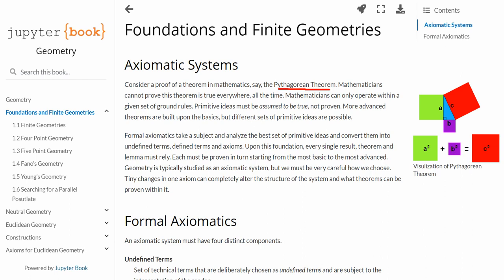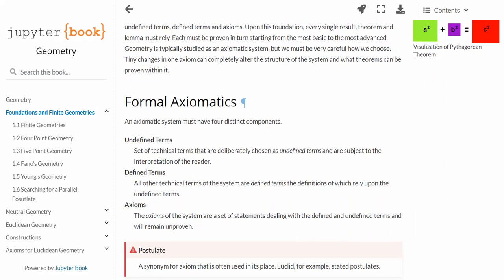So with formal axiomatics, we have several things that we need. The first are these undefined terms. Even with our definitions, we have trouble because you have to use some words to define other words, right? So we're going to start with undefined terms.